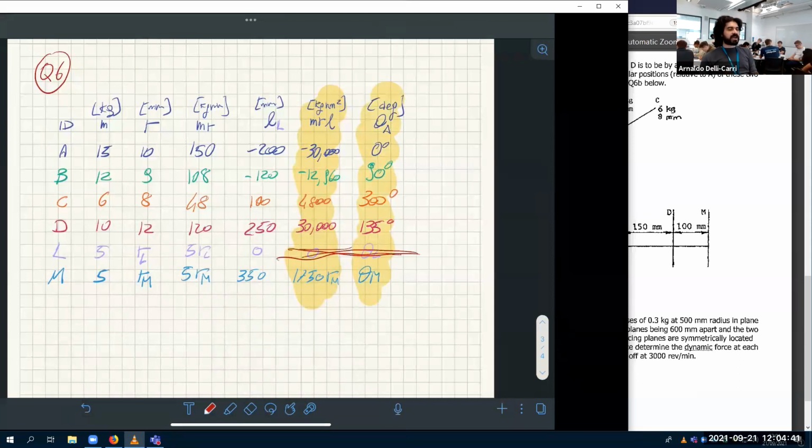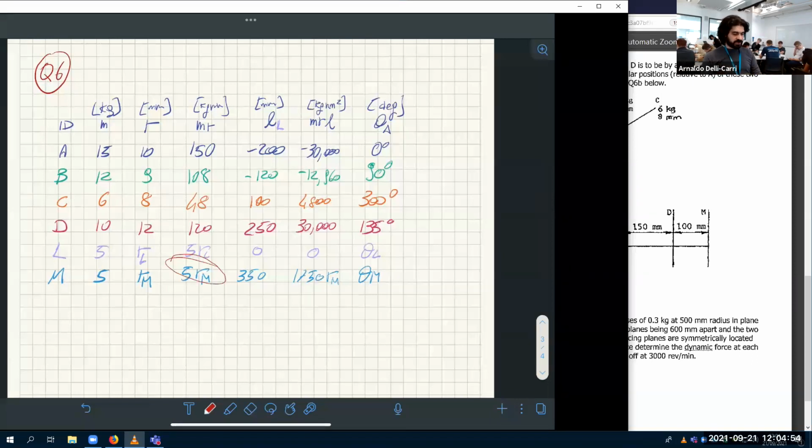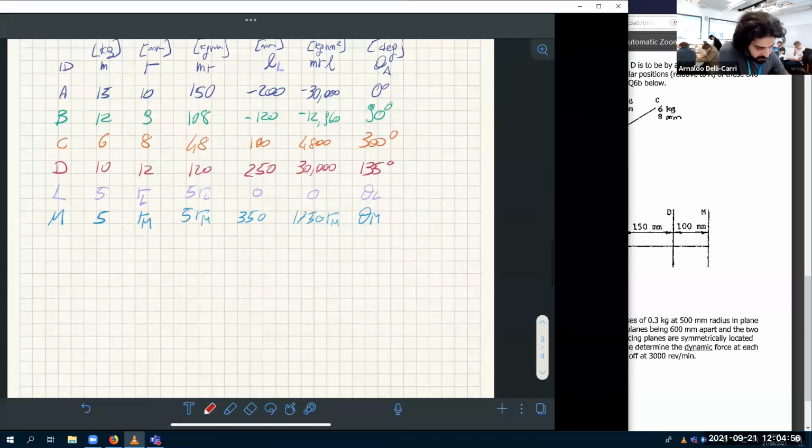So you only have 2 unknowns, RM and theta M. And then once we found RM, we can find this value here. And so now the MR diagram only contains 2 unknowns. So let's start with the MRL diagram.